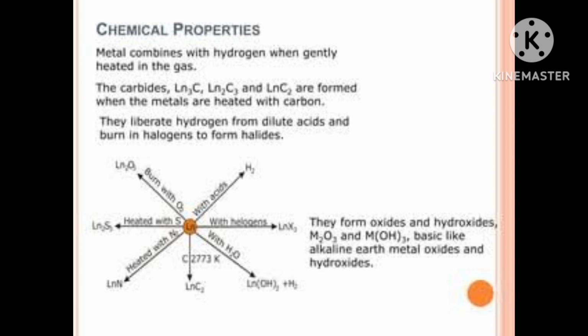They liberate hydrogen from dilute acids. Remember, all lanthanides liberate hydrogen from dilute acids and burn in halogens to form halides. It means they form halides on reaction with halogens.